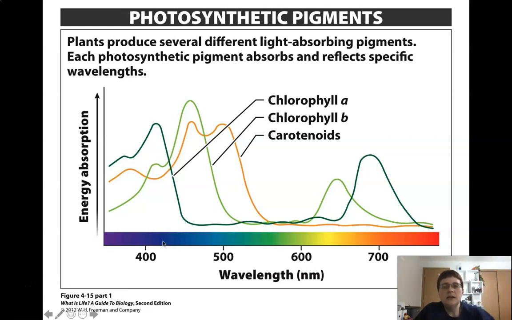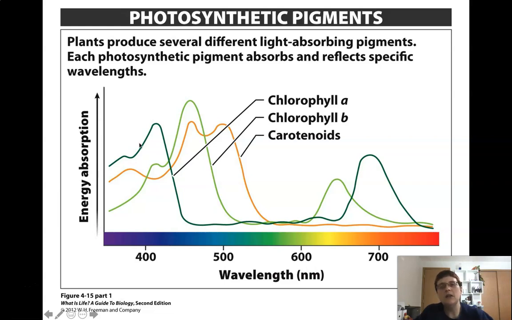We're going to take them one at a time and take a look at them. You can see the electromagnetic spectrum for the visible section, and we go from violet to red. The way that this graph works is the energy absorption increases on the y-axis.